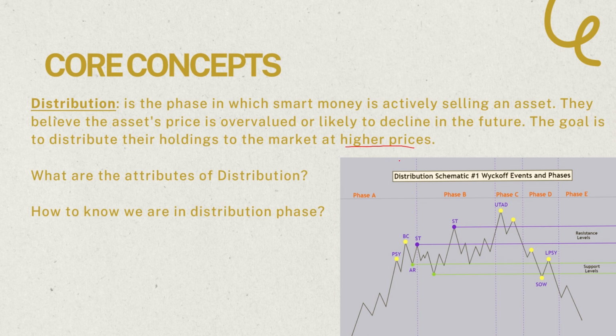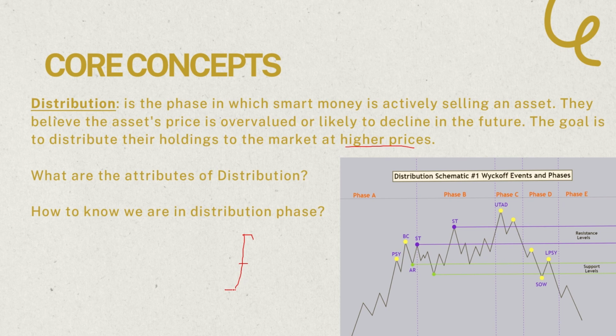This is just logical. An asset that was initially worth $20 is now worth $100. At this point, you know that this asset is actually overvalued, because the real value of that asset is somewhere maybe here or here.